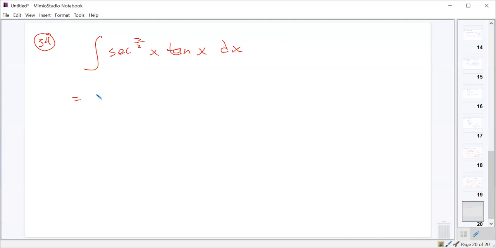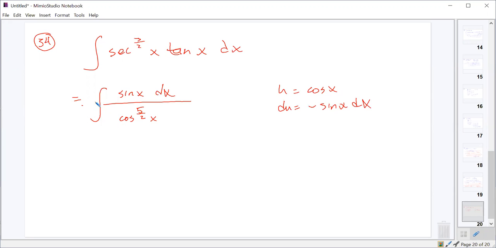So let's rewrite this as sine x dx from the tangent x over, this is cosine to the 3/2 in the denominator, and this is cosine to the first. So that'd be cosine to the 5/2 x in the denominator. And from there, if we just let u equal cosine x, then du ought to be negative sine x dx. Put in our negatives. We get negative integral of u to the negative 5/2 du.